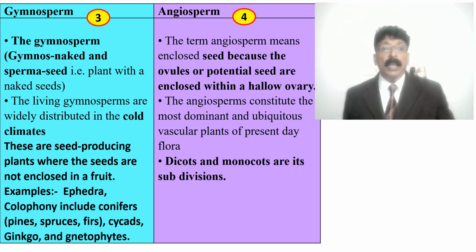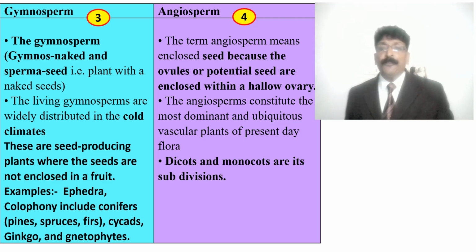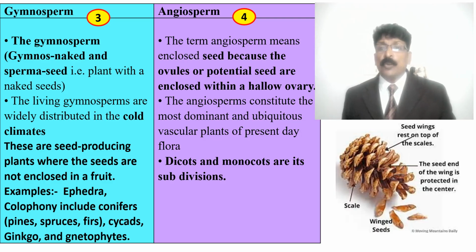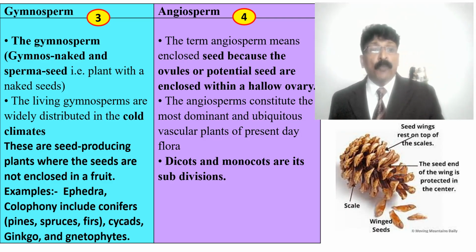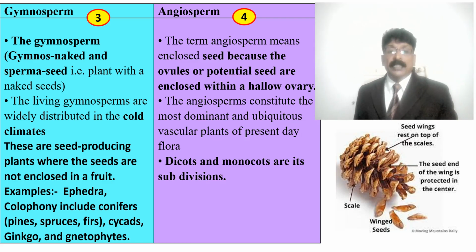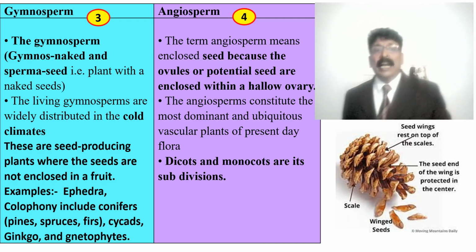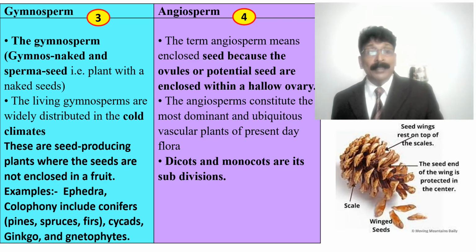Example, ephedra, colophony, and conifers. You can see these conifers. This is a pine plant of the conifers, pines and spruces, firs and cycads, ginkgo biloba and gnetophytes.